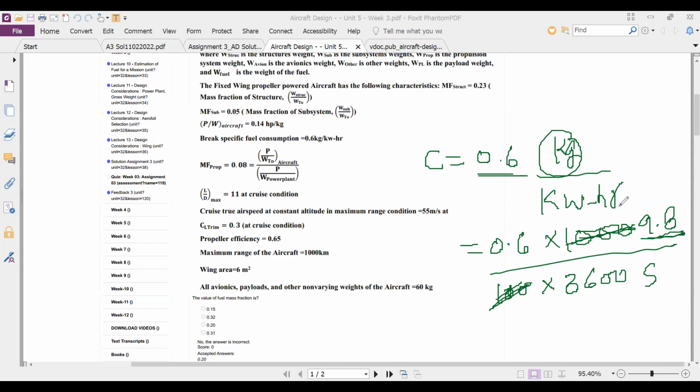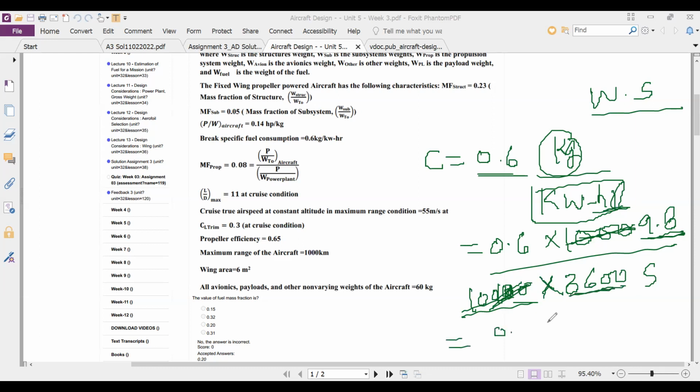And this kilowatt hour, sir, it should be divided by 1000 as well. It should be in watt second, right? Yes, sir. So kilowatt is basically 1000. So this is in watt. Now this 1 hour is basically 3600 seconds. So the overall number is actually this 0.6 multiplied by 9.8 divided by 1000 multiplied by 3600.